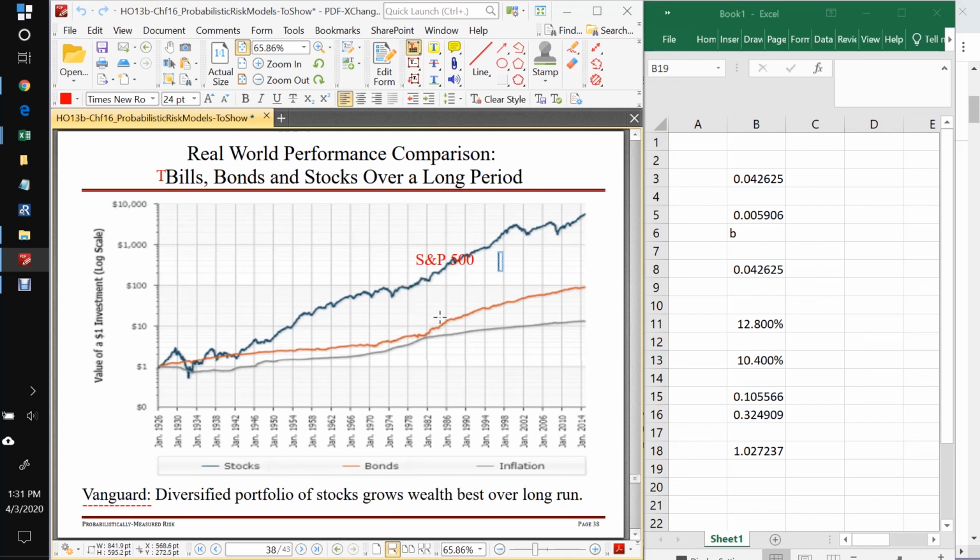If you have a shorter investment horizon, you can't really afford to take these big downfalls. And you see there's a very big downfall here, of course, in the Great Depression. So stocks are great if you have a very long investment horizon. If you don't, you need something less volatile like bonds, and you should invest in those.